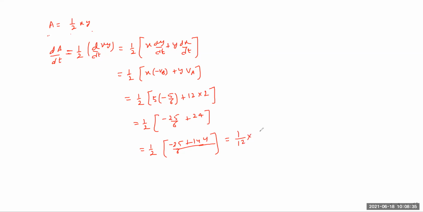So what is 144 minus 25? 119. Okay, fine, so this is the answer. The rate of change of area means you have to differentiate with time and then substitute the values which we have already obtained.